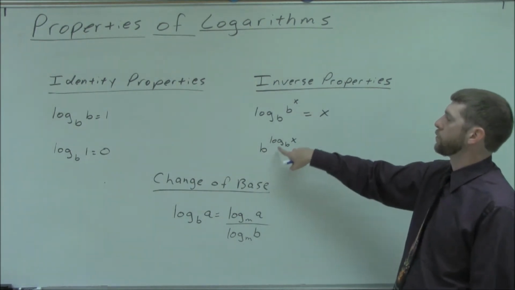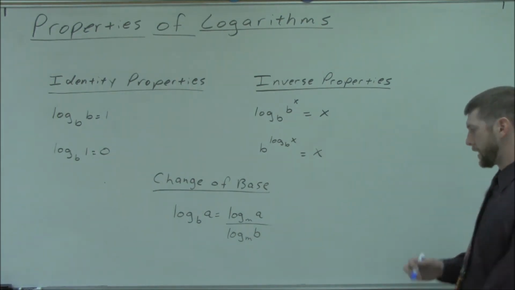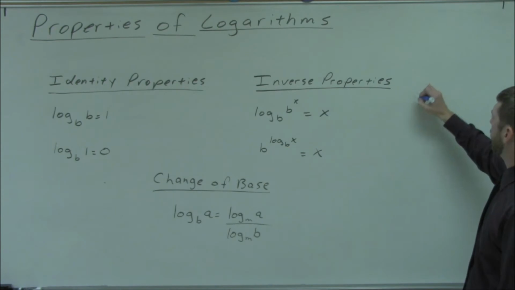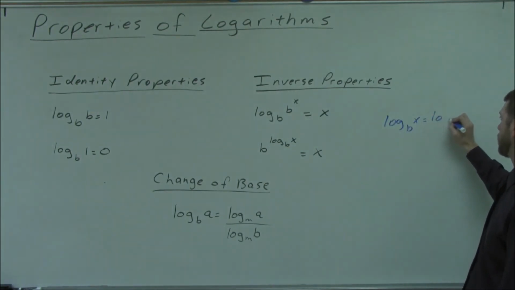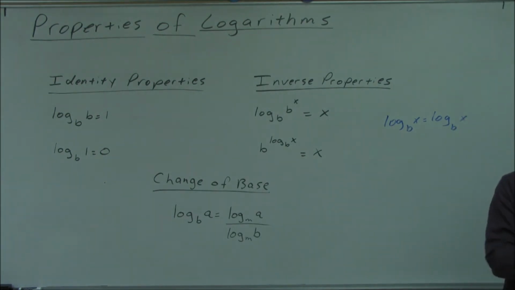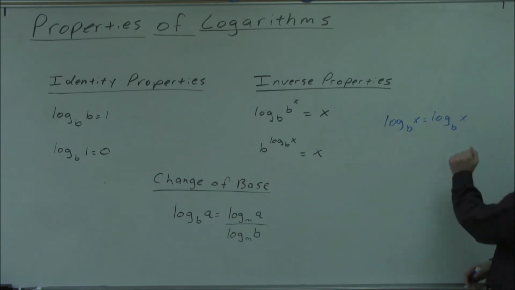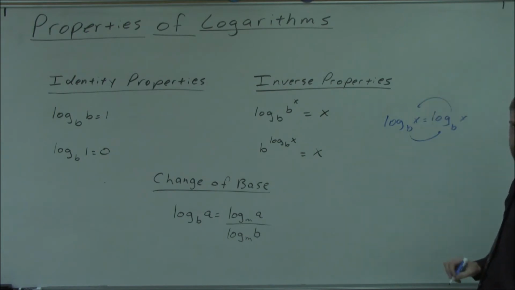It says b raised to the log base b of x will equal x. And that just goes back to, if I have log base b of x, it has to equal log base b of x, correct? Well, if I was going to change from logarithmic form to exponent form, I start with my base and I work around the equal sign, right?